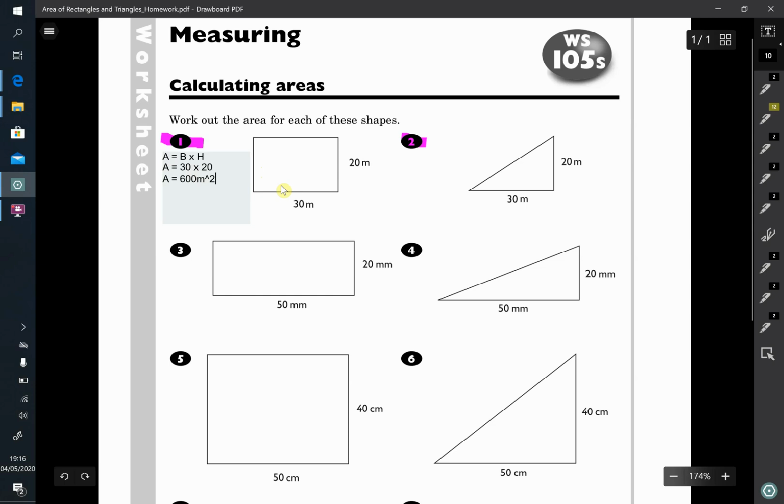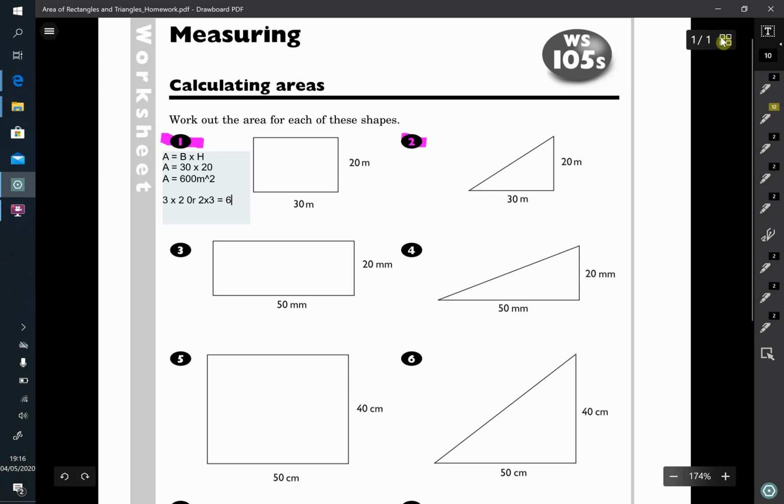If you see my answers, maybe in my answer sheet I wrote 20 times 30. It is also correct, so don't worry about these things, guys. If I do 3 times 2 or 2 times 3, they both give you the value 6.